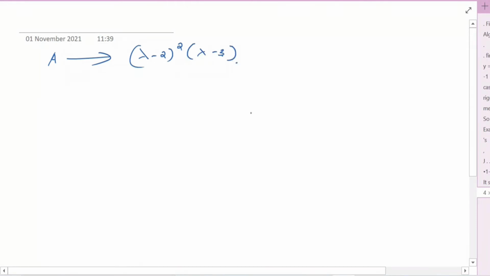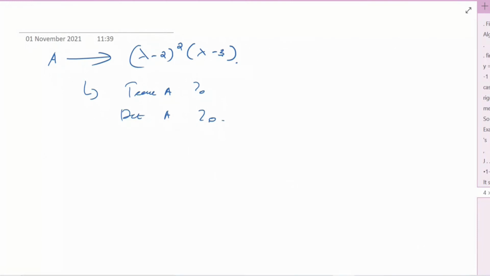That is all we know. We are given only the characteristic polynomial of A; the matrix itself is not given.